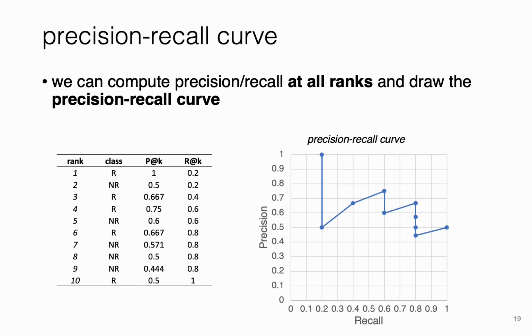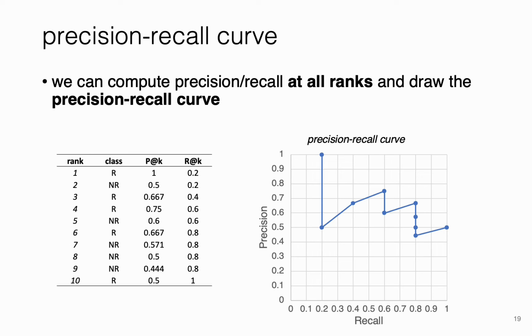We can apply this cutoff idea for all possible values of k. That is, we look at the first position of the ranked list, then at the first two positions, and so on. The table shown here computes precision and recall at k ranging from 1 up to 10. We assume there are 5 relevant items.